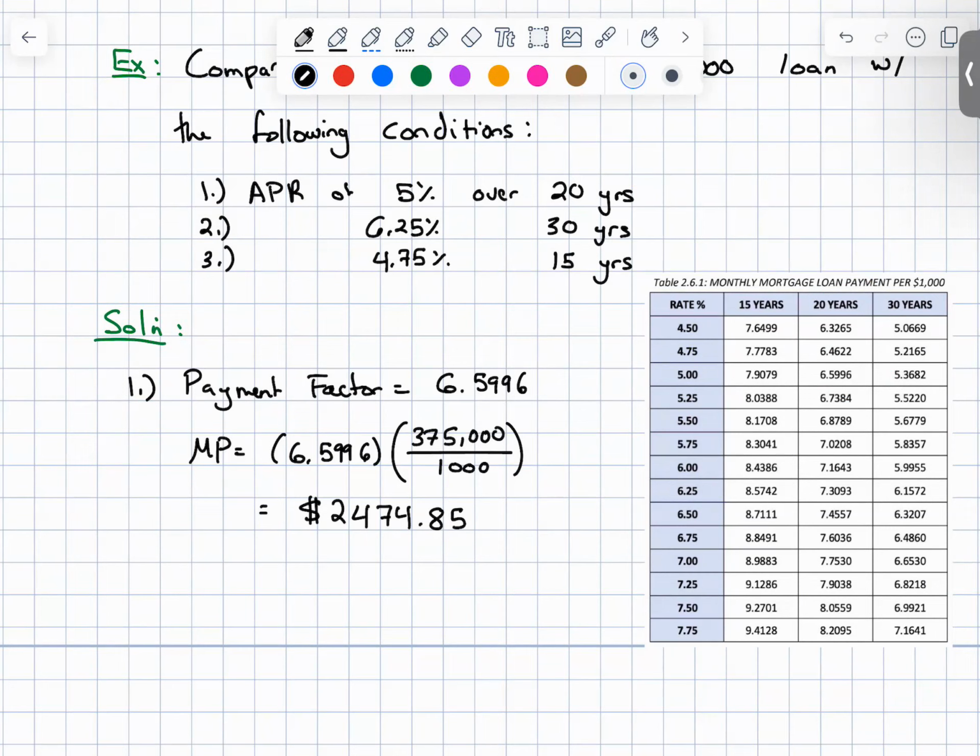That's good. So the monthly payment for a $375,000 house over 20 years is about $2,475. Typically, the shorter the loan, the higher the mortgage payment, because you have to pay off that money faster, but you'll pay less in interest.